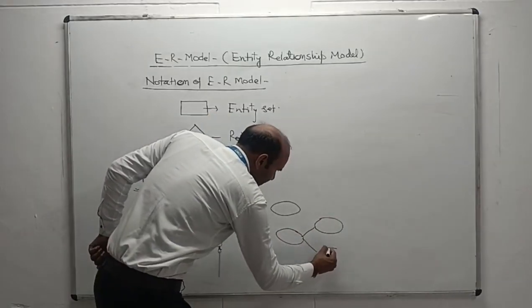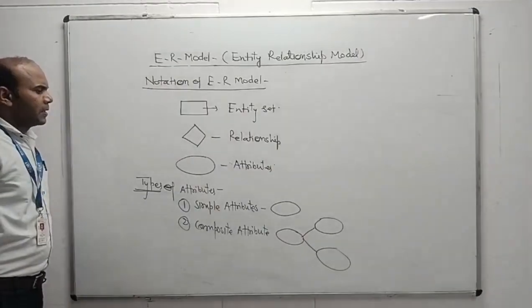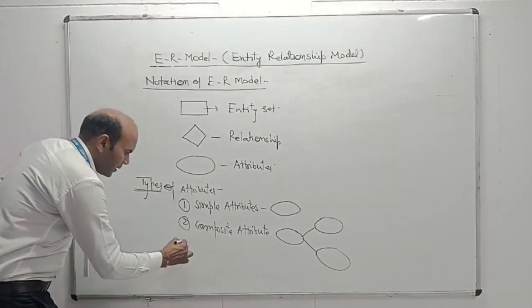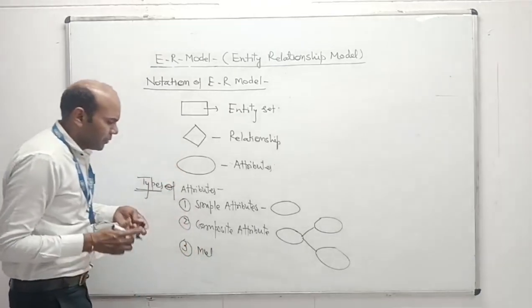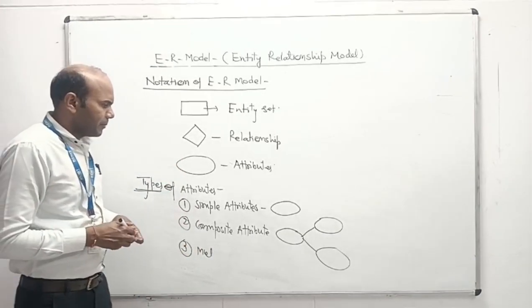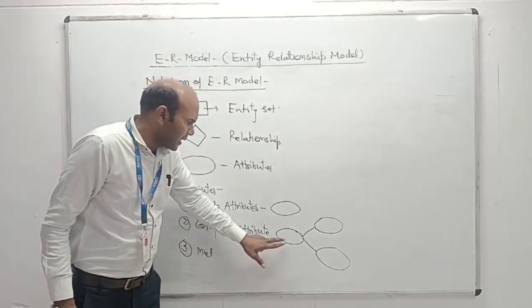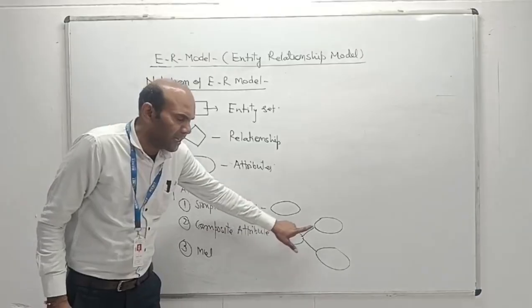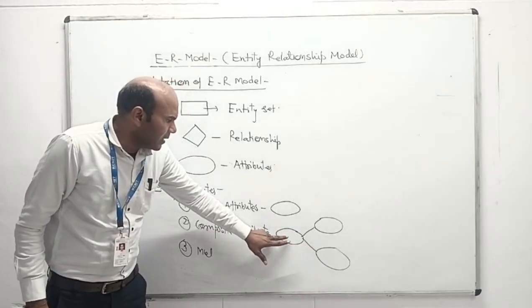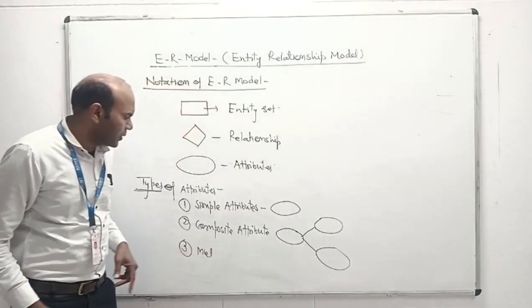This is the symbol of the composite attributes. Simple attributes hold single values, and composite attributes have values that are composite, like name, which is first name, middle name, last name, and address, permanent address and local address. So this is the composite attribute.